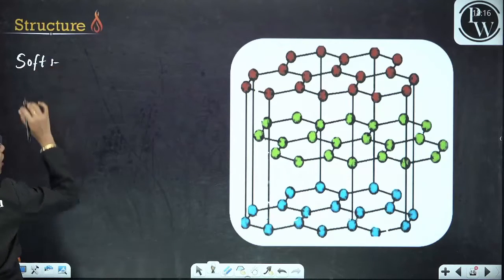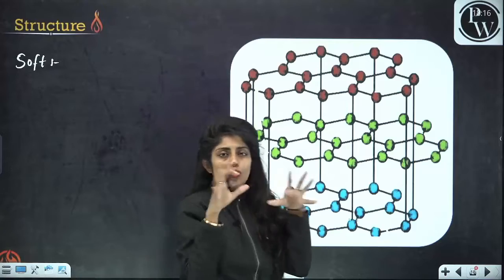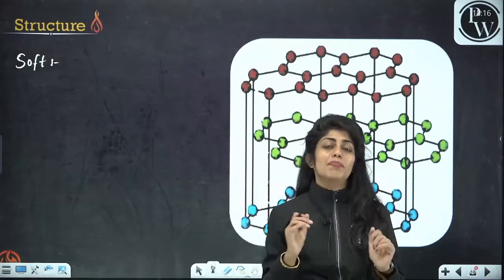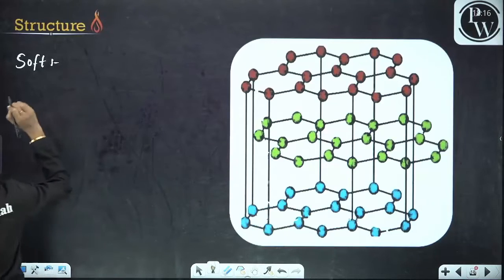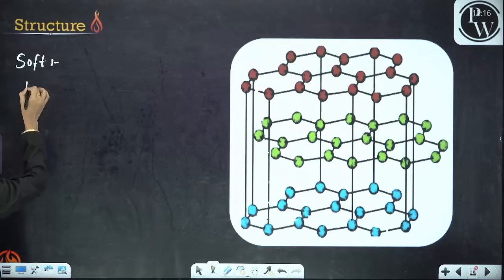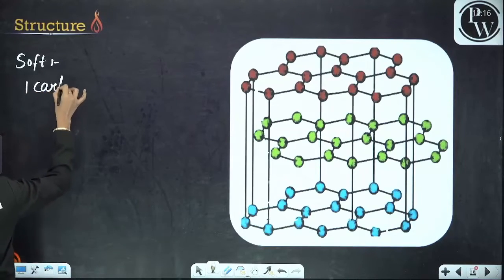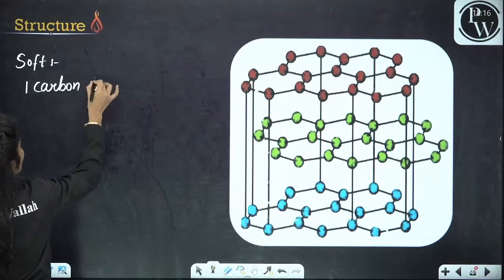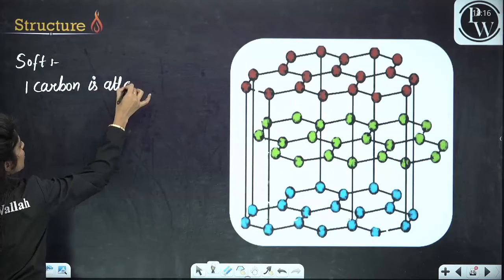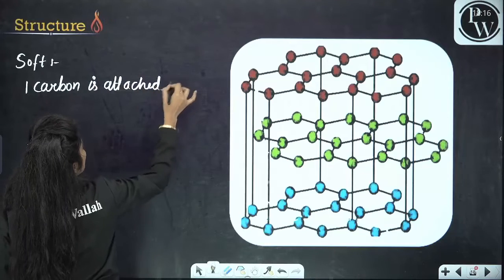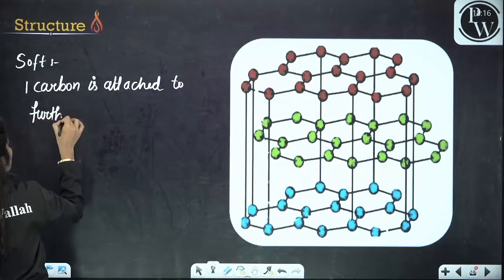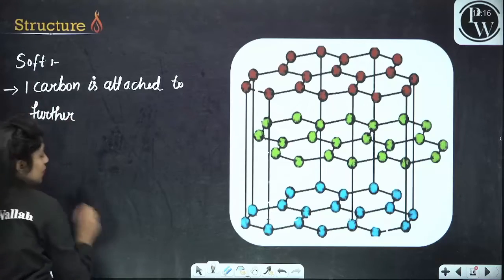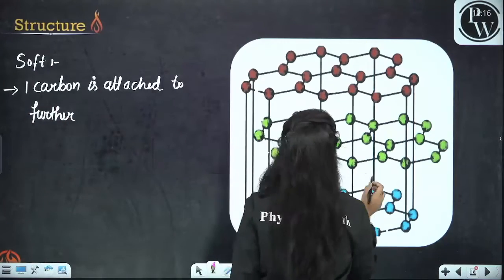So let's check out the structure. We will zoom in and check what is happening inside the structure of graphite. Why is it soft? Because one carbon is attached to further carbons. I'm not sure how many carbons, so I will let you know.